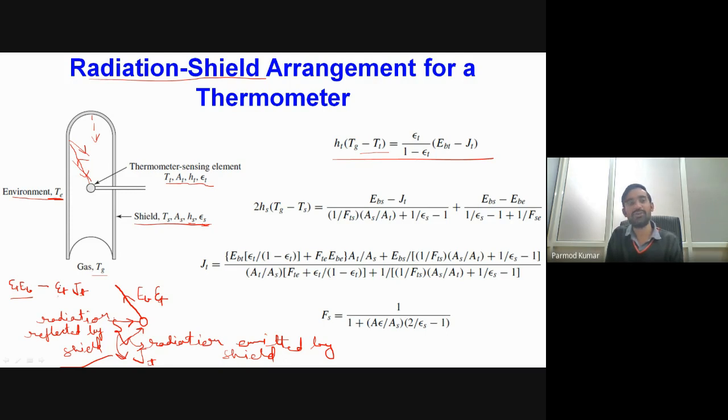That's why I'm writing epsilon t times JT. This is the net effect, and when we consider the formulation between Eb and JT, there comes some resistance in radiative heat transfer, which is known as the surface resistance.